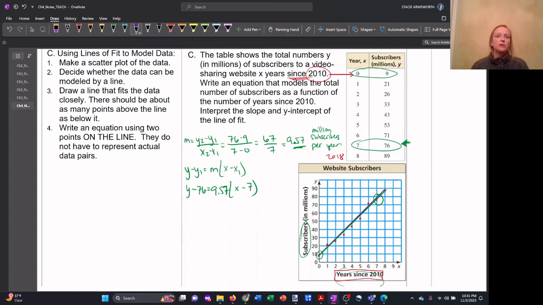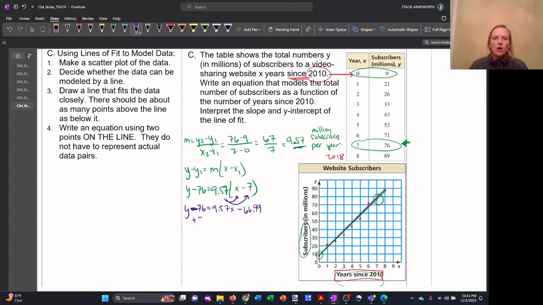I need this to be in slope-intercept form, so I'm going to do the distributive property here. 9.57 times x is 9.57x, minus 9.57 times 7 here, which is 66.99. And I still have y minus 76 on the left side of the equation.